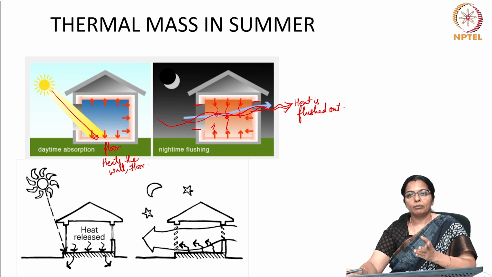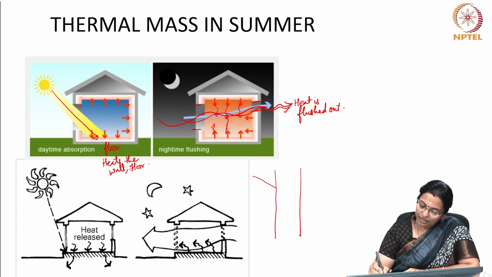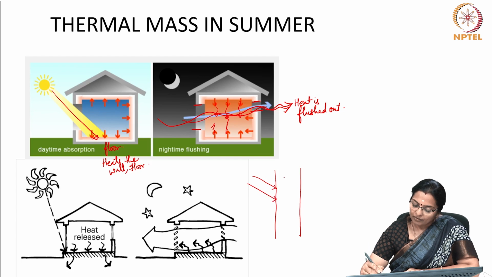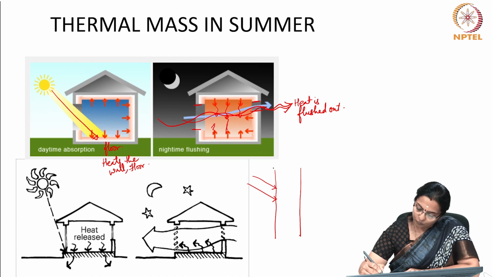Now, how else can thermal mass be used? Suppose you have a thick wall. Solar radiation strikes the wall. When solar radiation strikes, the first layer of the wall gets heated. This transfers the heat to this side and this side of the wall.